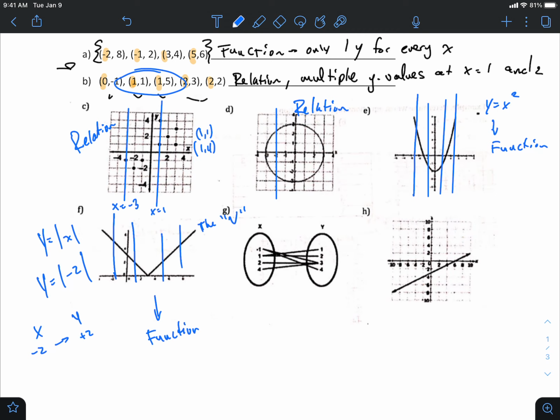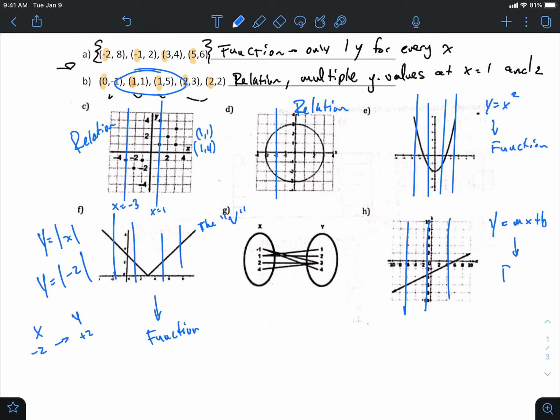And then obviously, I'll jump over G for a second. I'll go to H because I think that one's easy too. G requires a little bit of explanation. A line is also a function. Remember, this is just y equals mx plus b.